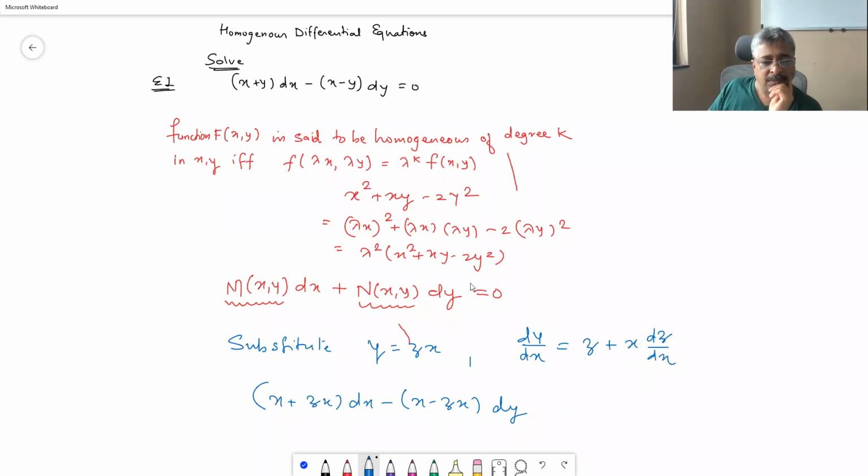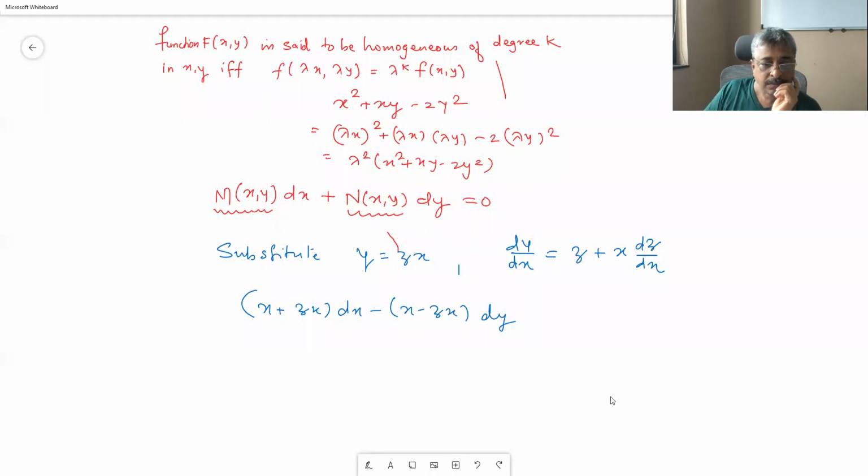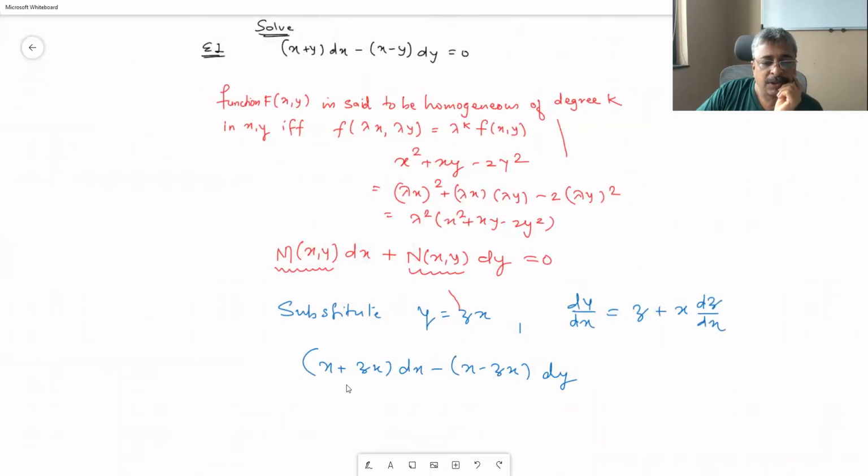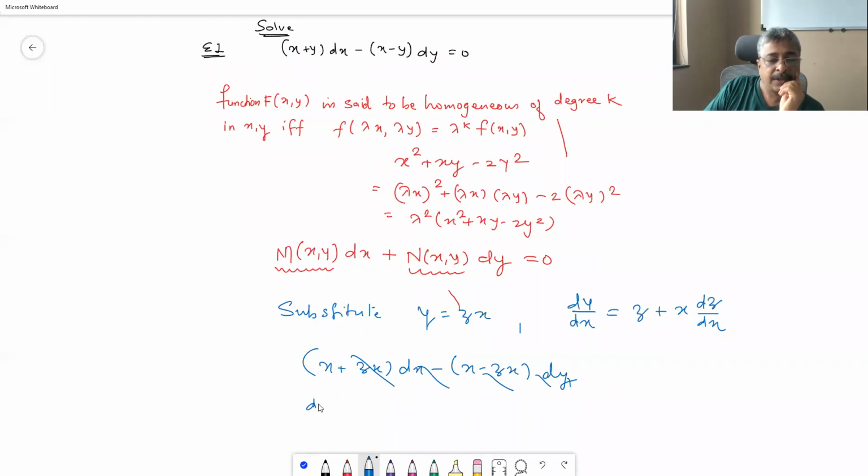So maybe the first step that we should do in our case is dy by dx is equal to (x plus y) upon (x minus y).